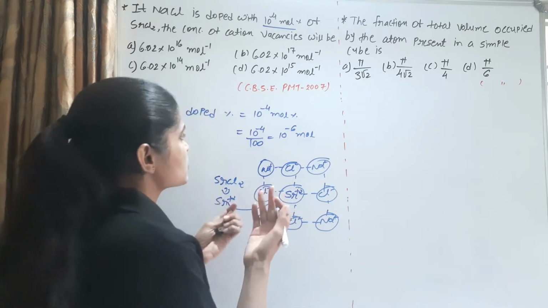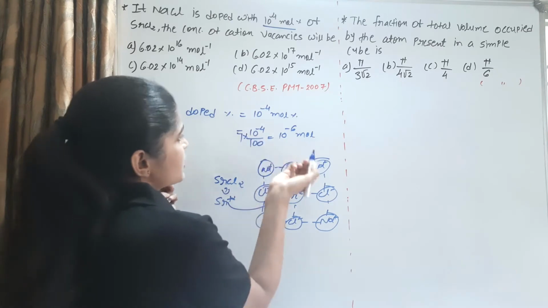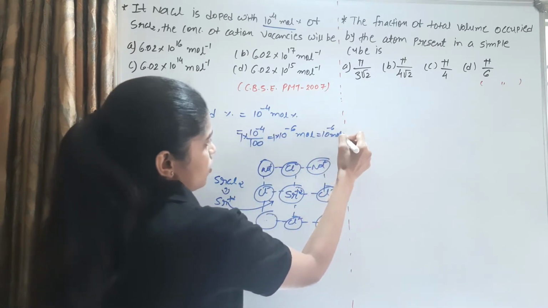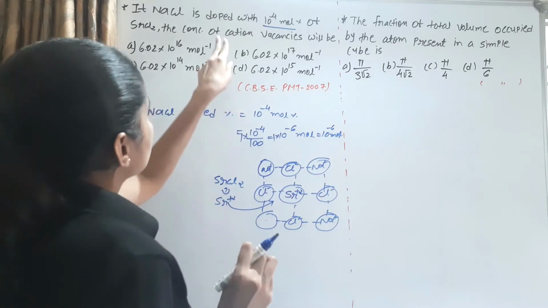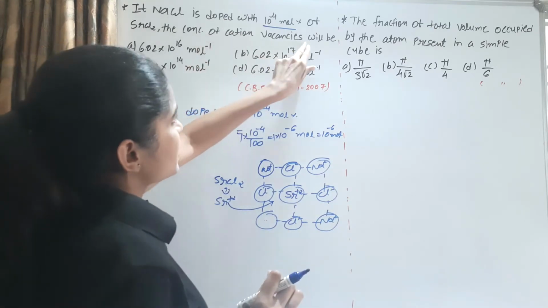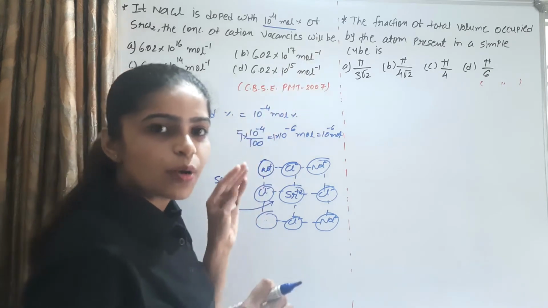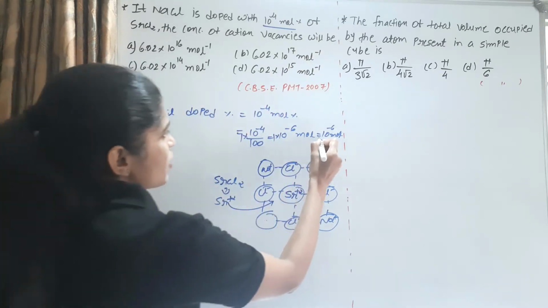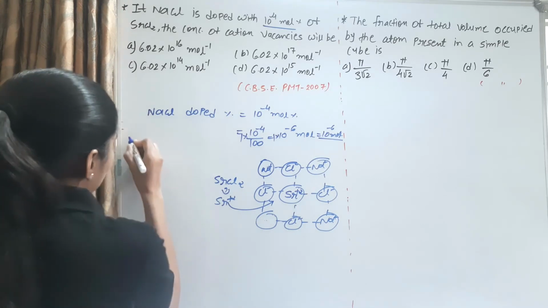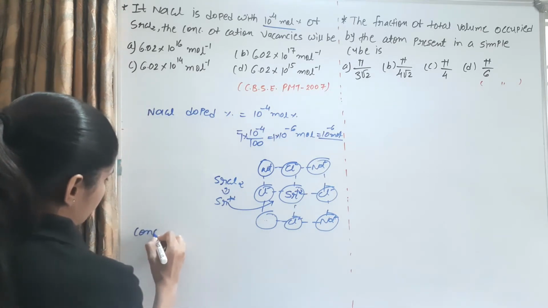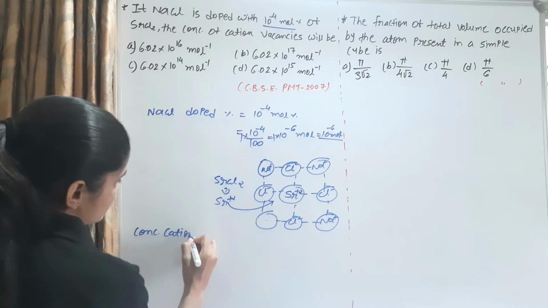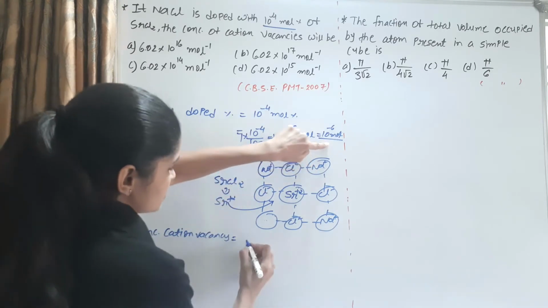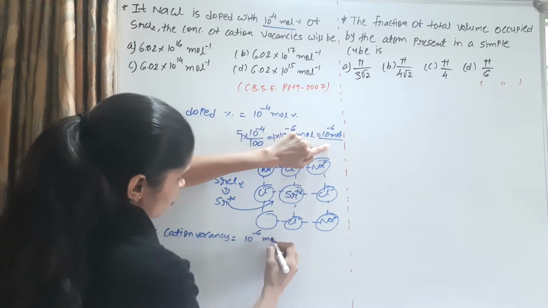So it is multiplied with 1, and the answer is 10 raised to minus 6 mole. Then the concentration of cation vacancy is the number of cations multiplied with Avogadro number.